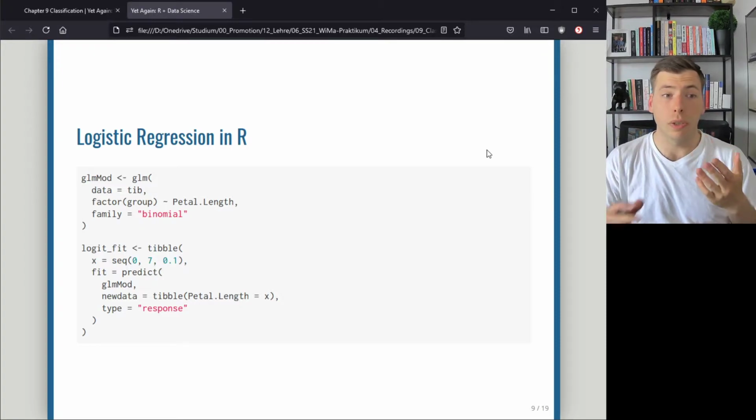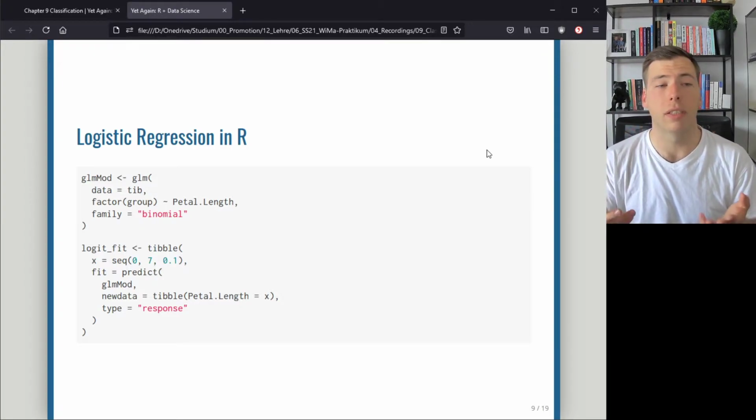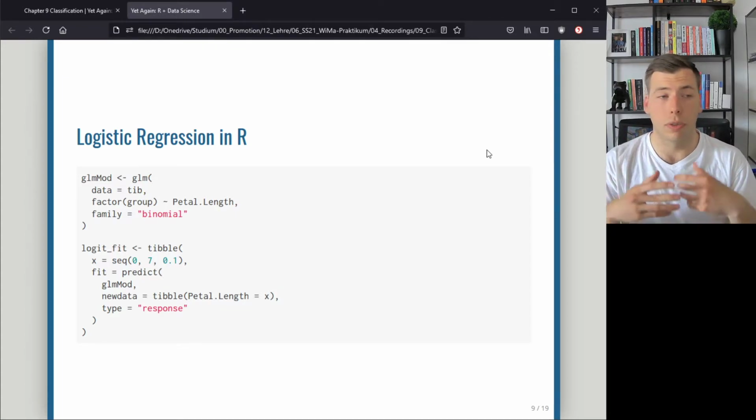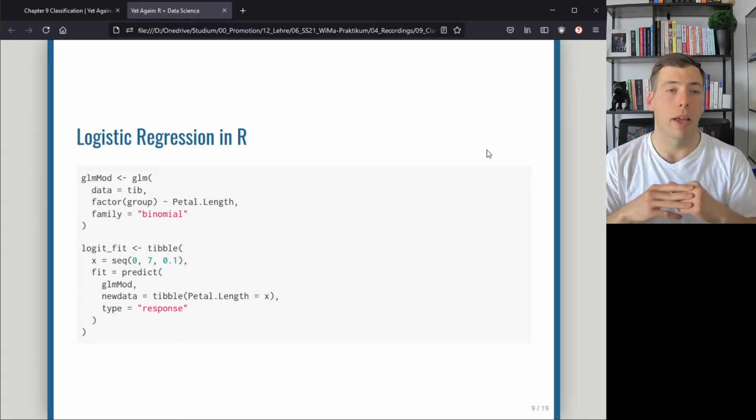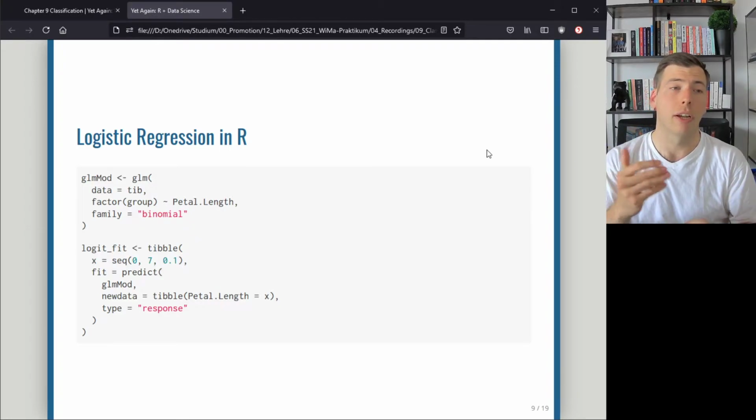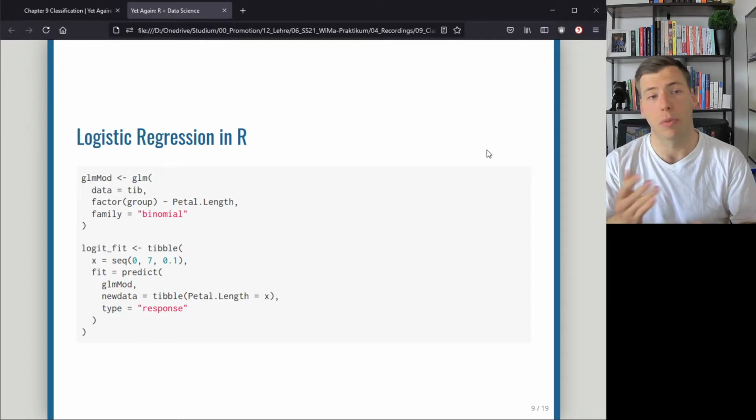And once you've fitted a GLM or a logistic regression model, then you get probabilities, right? You get probabilities of belonging to that group 1. And then you can fix a threshold to say, I don't know, if my probability exceeds that threshold, then I will classify that observation as being group 1, and if not, I will classify it as being of group 2.